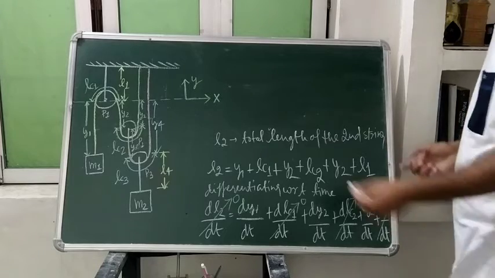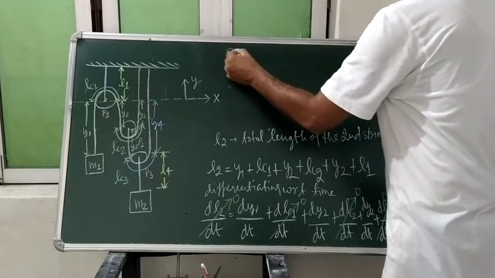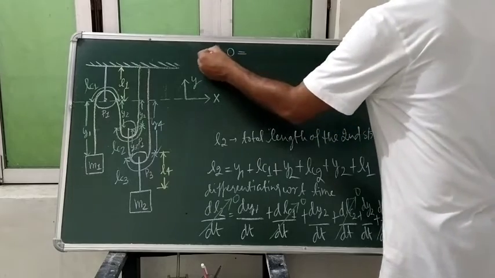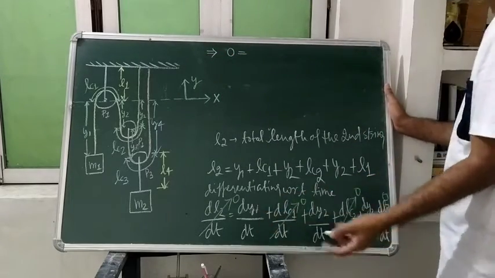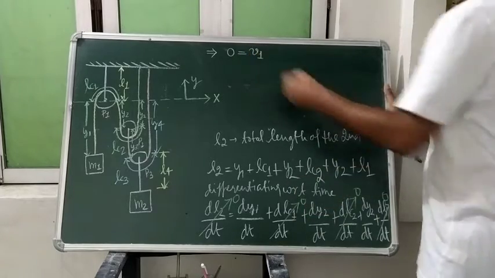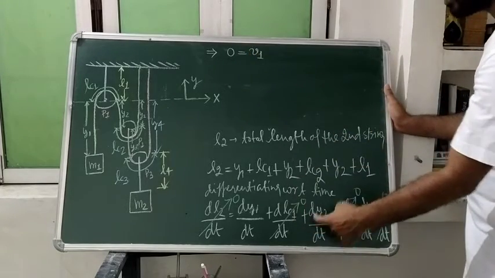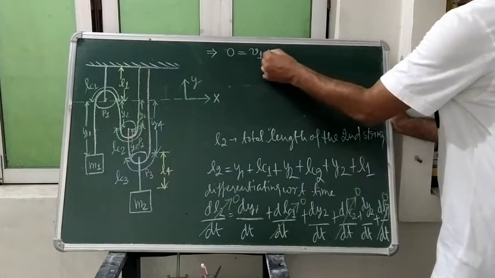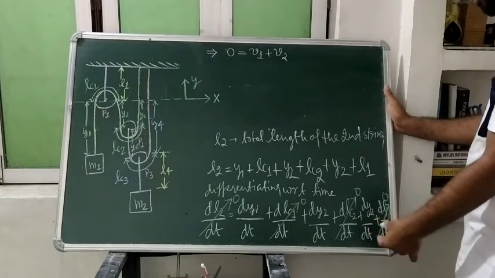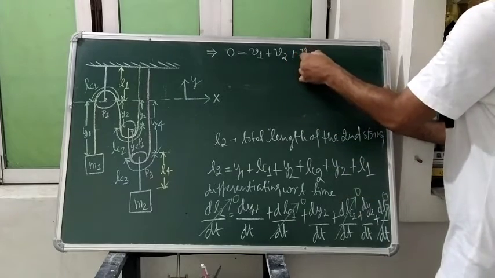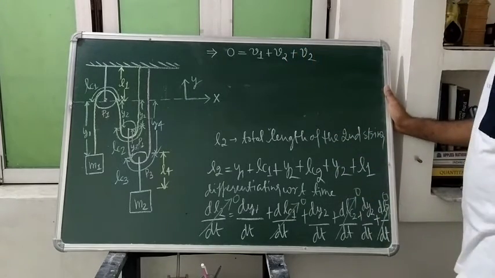So from here what will we get, student? The left hand side will be 0, and that equals dy1 upon dt, which is v1 we can say. Then dy2 upon dt is v2. Again we are getting v2 here, and this equals 0.